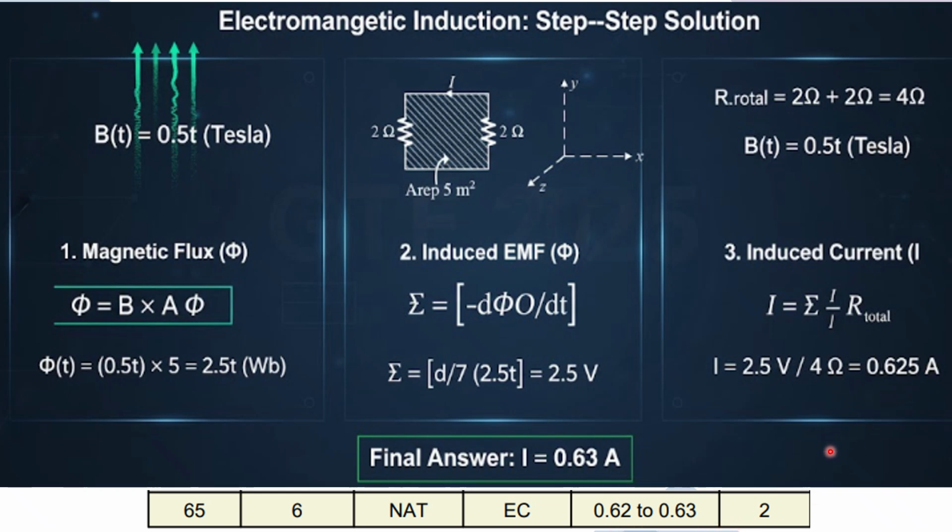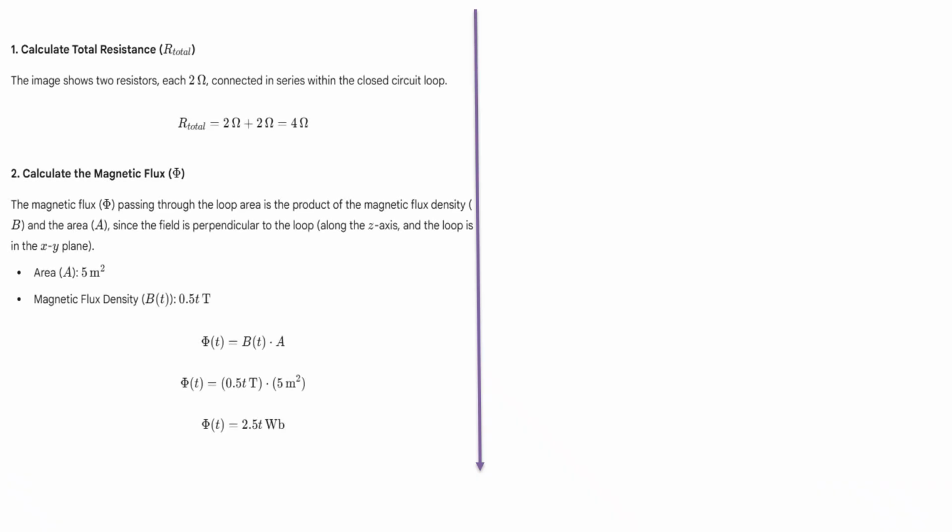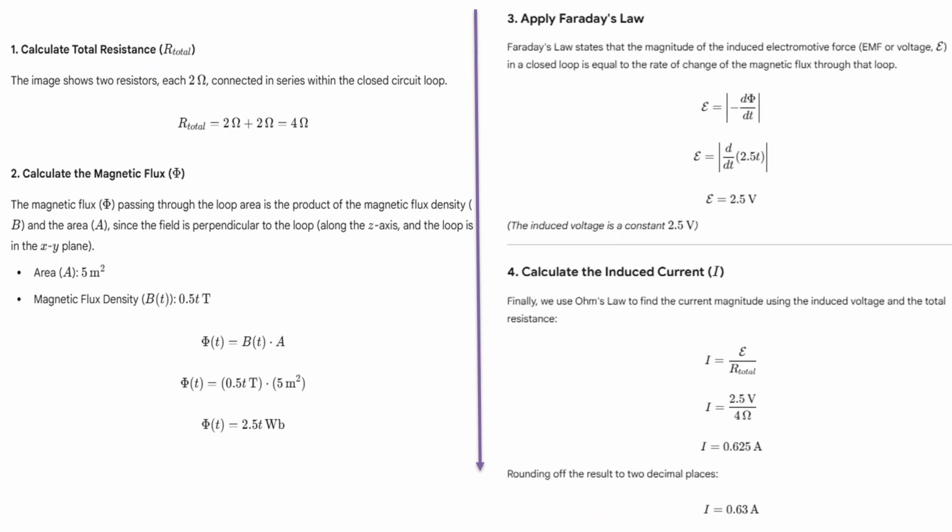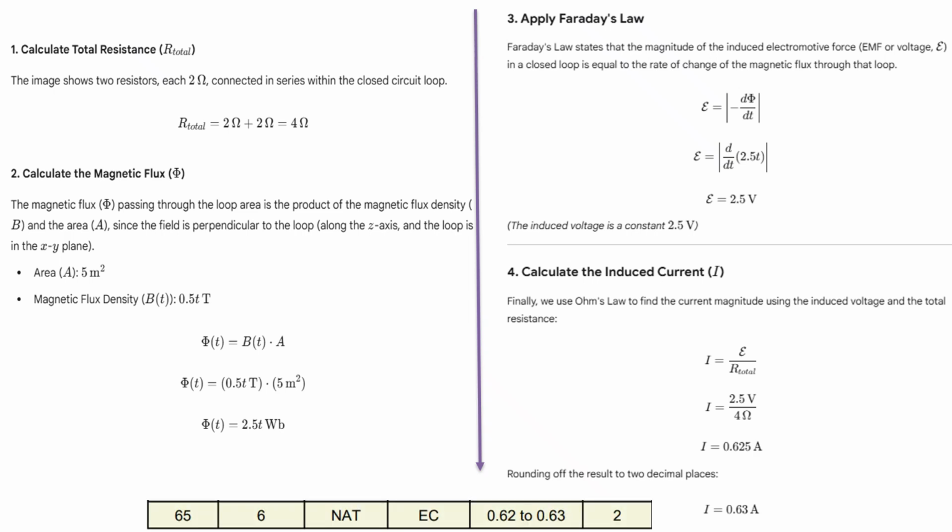So you may leave it with this answer, or you can approximate and write the final answer as 0.63. This is the process: find the resistance, then find the magnetic flux, and using Faraday's law, d psi by dt, calculate the voltage, and finally the current as voltage by resistance. You can choose any one method, both are almost the same.